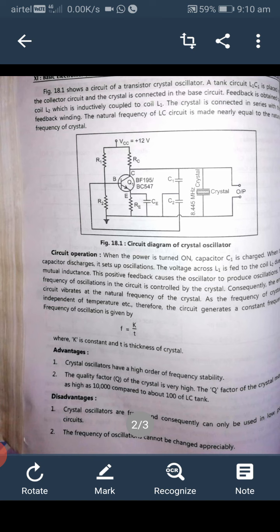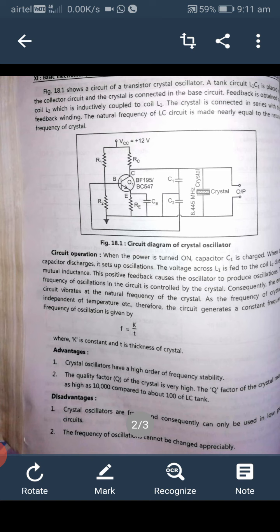Circuit operation. When the power is turned on, capacitor C1 is charged. When this capacitor discharges, it sets up oscillation. The voltage across L1 is fed to coil L2 due to mutual inductance. This positive feedback causes the oscillator to produce oscillations.